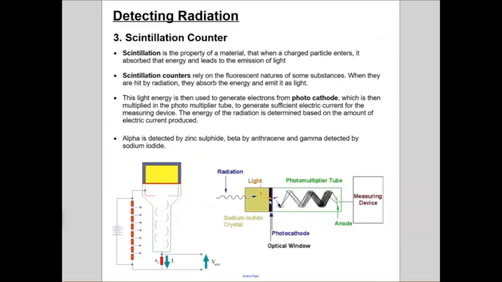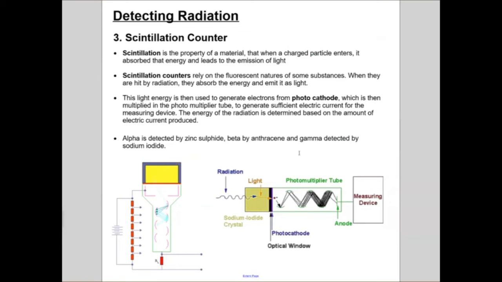Now, as you might have observed, the fluorescent material does not produce quite a large amount of light, right? It would just glow a little bit. You could observe the light, but it's not sufficient enough. So the electrons which are produced are also not sufficient enough to be detected that easily.